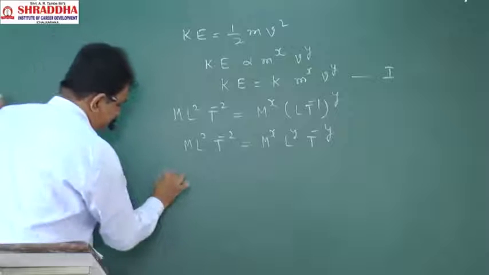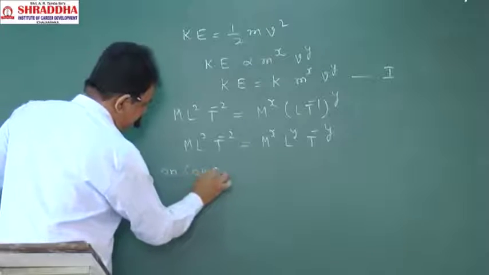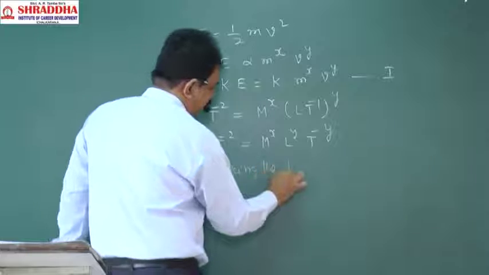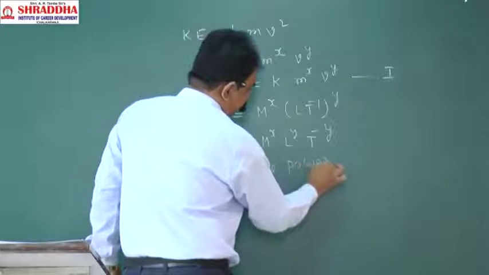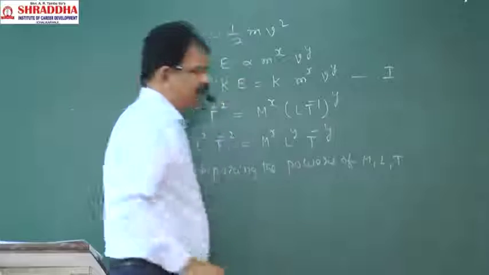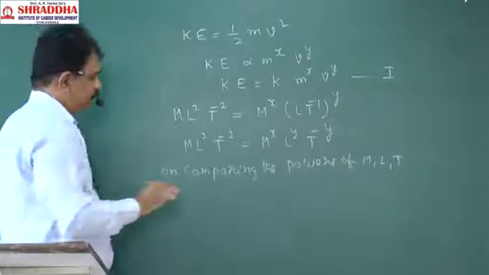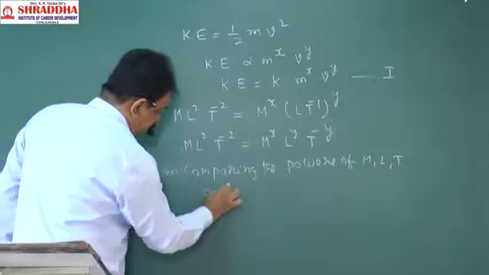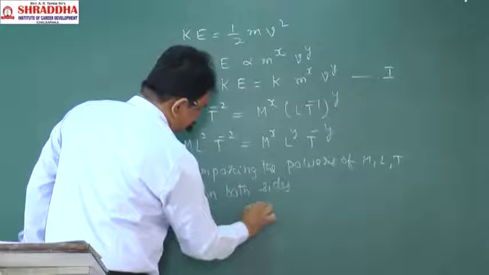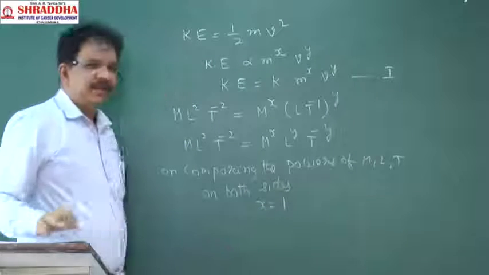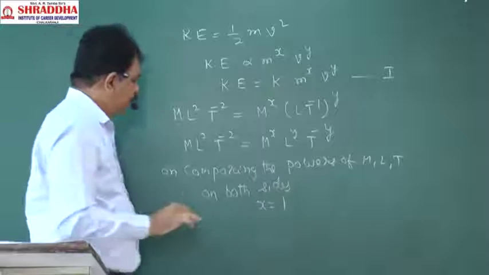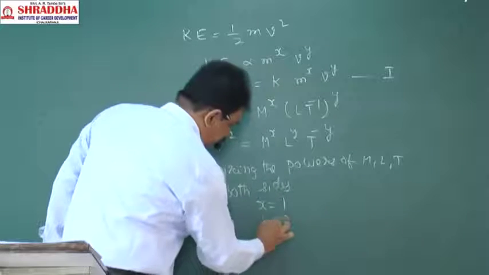On comparing the powers of M, L, T on both sides, we will get x value is equal to 1, y value is equal to 2.